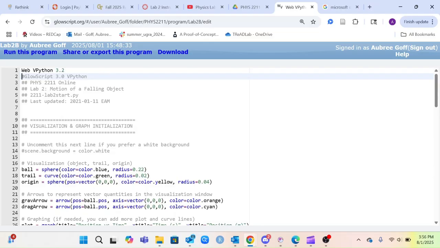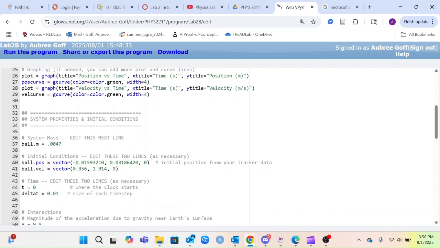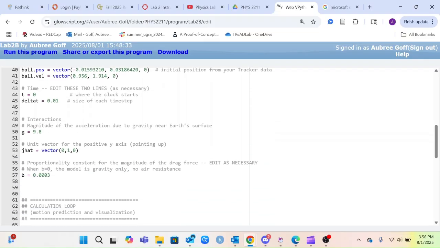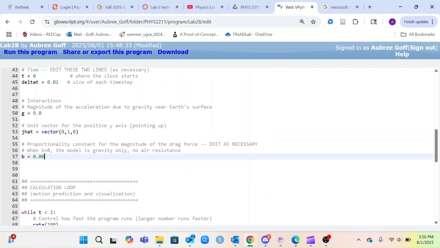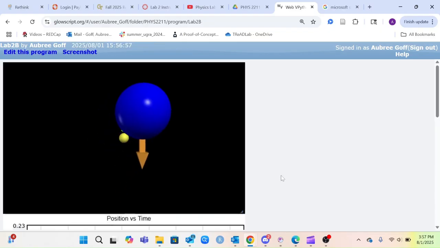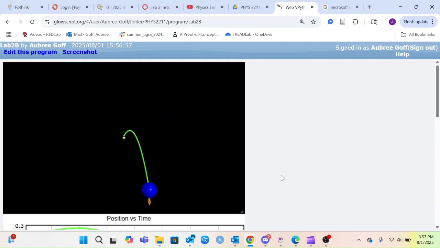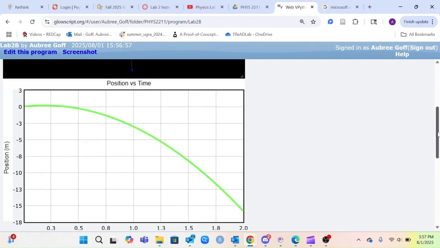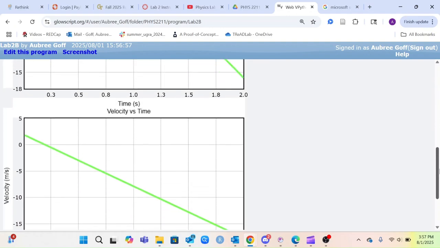The first scenario that we're going to look at is with b equal to 0, meaning that there is zero drag and the only force working in the y direction is gravity. So this is what this model is going to look like. And here we can see our position versus time and our velocity over time graph.